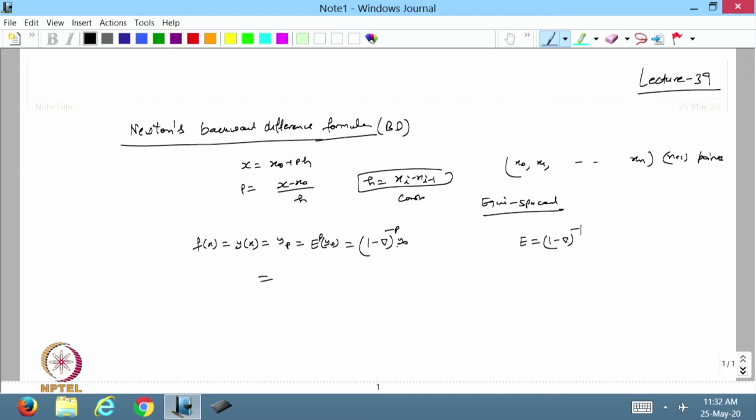Now I apply the binomial expansion: it will be 1 plus p nabla, then p(p plus 1) by 2 factorial nabla square, then p(p plus 1)(p plus 2) by 3 factorial, and so on, applied to y0. This infinite series will terminate when we reach a higher order operator.